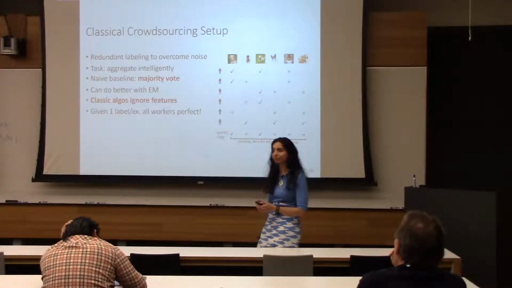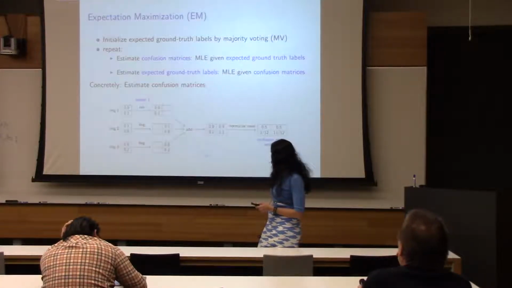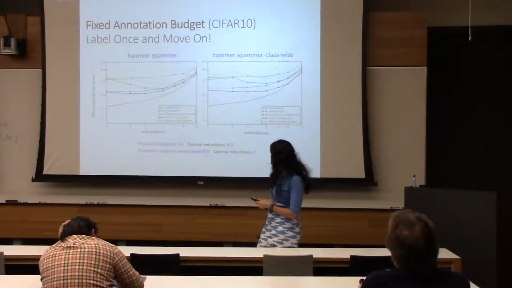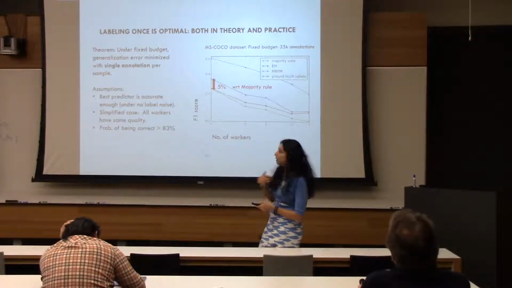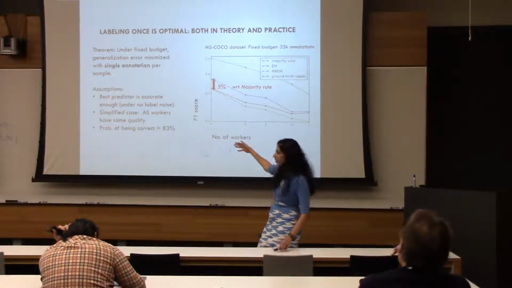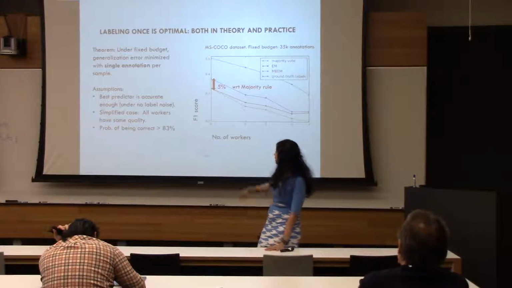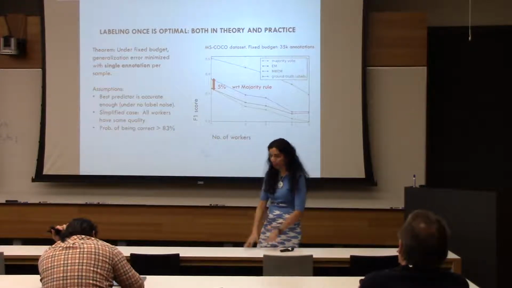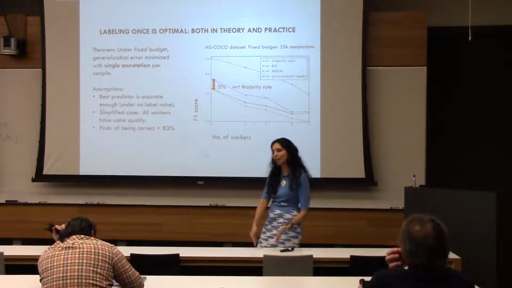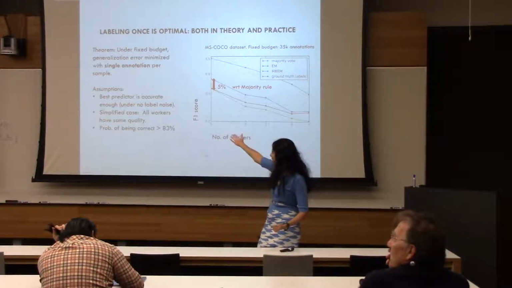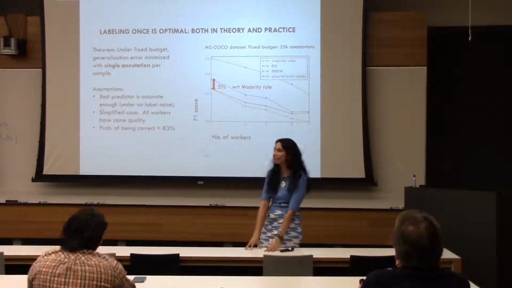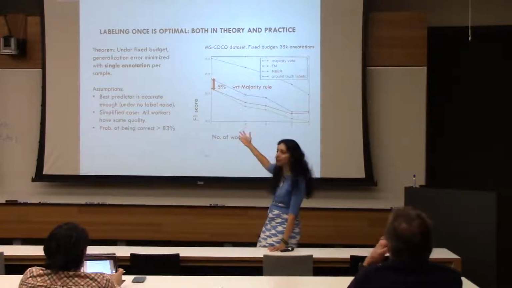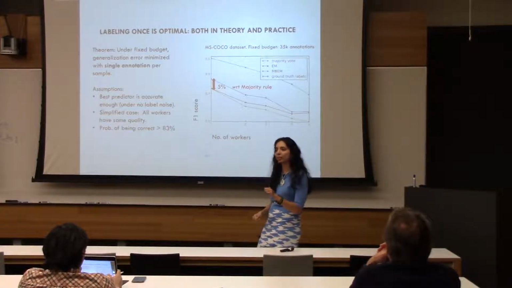Is that clear? So that's kind of what the setup was, right? And I won't give all the details, but the main thing is you can prove in theory that if you have a fixed budget, as long as your annotators are fairly accurate, and I'll come to the details of what fairly accurate means, and as long as your model has good capacity, meaning you're selecting a good function class where it's possible to get good accuracy, then your generalization error is minimized by having just a single annotation per sample.